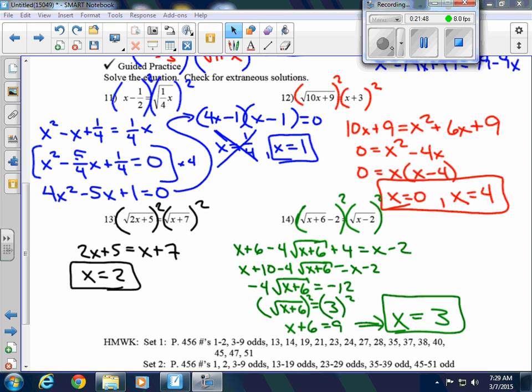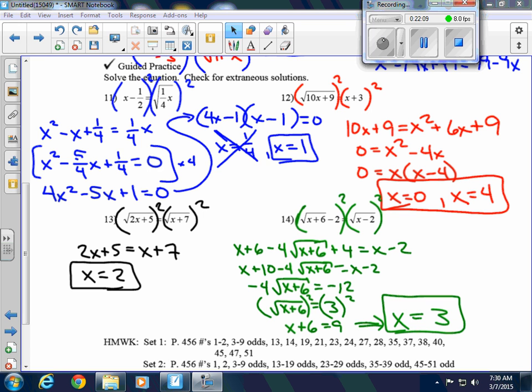If we have the square root, we're going to take the square so that they cancel out. If it's a rational exponent, we're going to multiply it by the reciprocal of that exponent so that they cancel out. So we're using the methods that we've talked about thus far to solve any type of these radical equations.